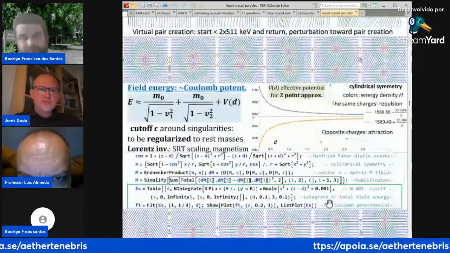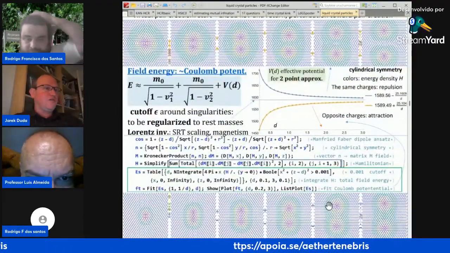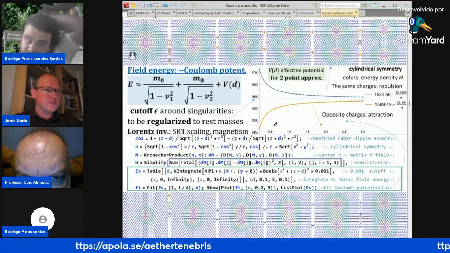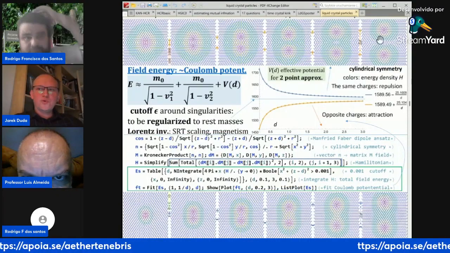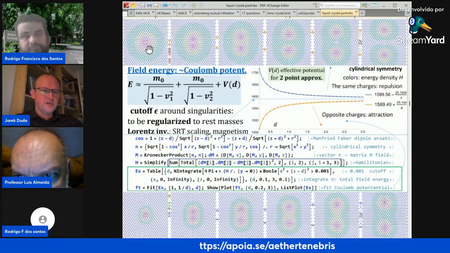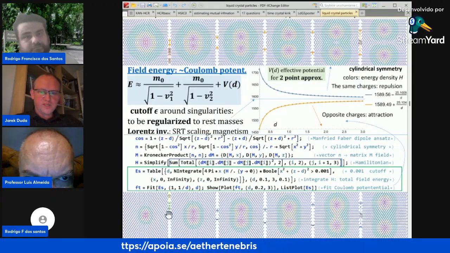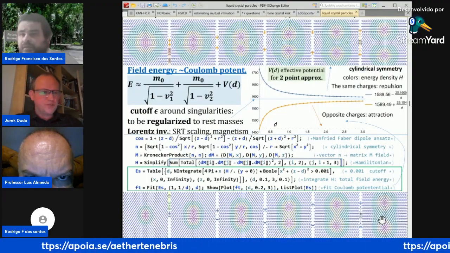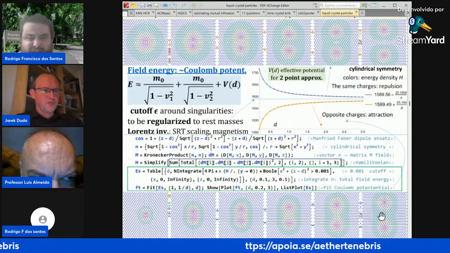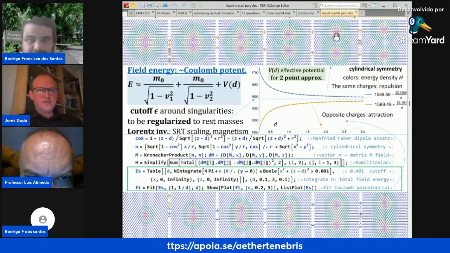Okay, so here is a simple numerical derivation of the Coulomb interaction. We create this configuration with two charges, the same charges, plus and plus, at various distances. Here with opposite charges, so plus and minus, plus topological charge and minus topological charge. And we integrate the Hamiltonian to get the energy of these configurations for these various distances.